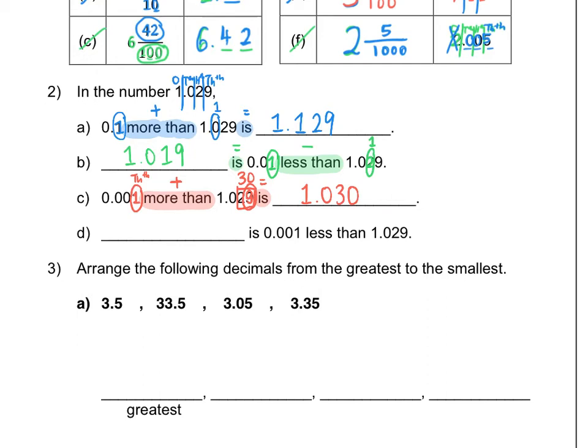And finally, we look at part D. What is 0.001 less than 1.029? So same thing, we're going to label. Less than means minus, is means equal. So in 0.001, the digit 1 is in the thousandths place. So we focus on the digit in the thousandths place, that is the number 9. 9 minus 1 gives 8. So your answer should be 1.028. All the other digits remain the same.